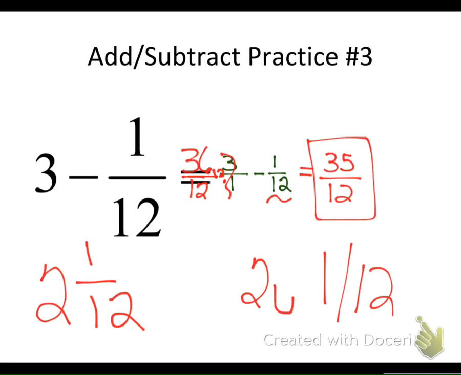So hit 35, fraction button, 12, equals, and we get 2 and 11/12, right? Okay, so what I want you to do from there is hit the second button, fraction button, equals. Now we got back to 35 over 12. So we went back from a mixed number to an improper fraction. Did we get it that time? Yeah. Okay. So you'll hit second, fraction, equals to get it changed back to an improper fraction. I wrote that out wrong.